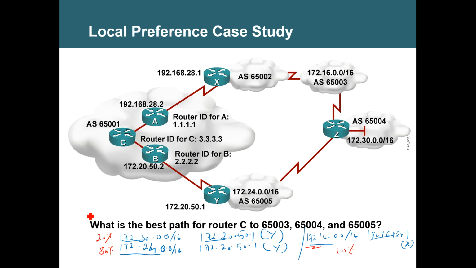Now, let's call this Ethiosalat. This is Orido. Tell me how much traffic is going via Orido. 50%, and it is only 10% going to Ethiosalat.